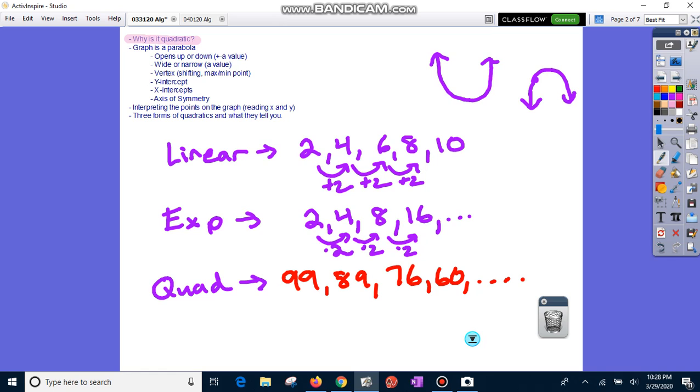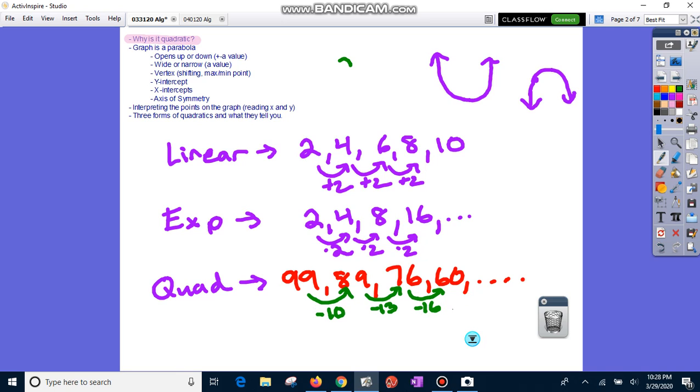So the reason this one is quadratic is because from 99 to 89 is going to be a minus 10. From 89 to 76 is going to be minus 13. So what I'm getting from 99 minus 10 is 89. 89 minus 13 is 76. Go from 76 to 60, it's a minus 16, which gets a pattern going.